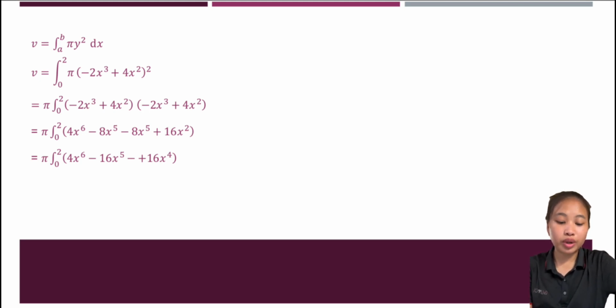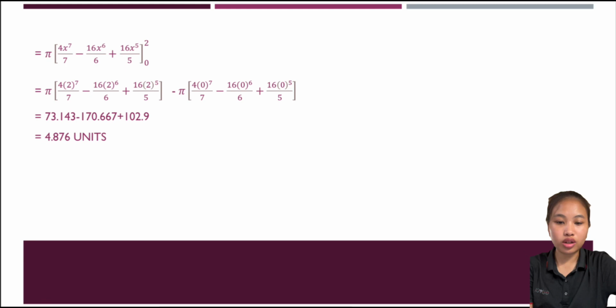Next, remove pi and calculate the value of y squared to make a polynomial. After that, integrate the function using the formula and we got 4x to the power of 7 over 7 minus 16x to the power of 6 over 6 plus 16x to the power of 5 over 5.